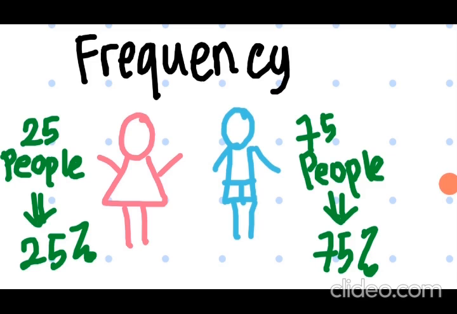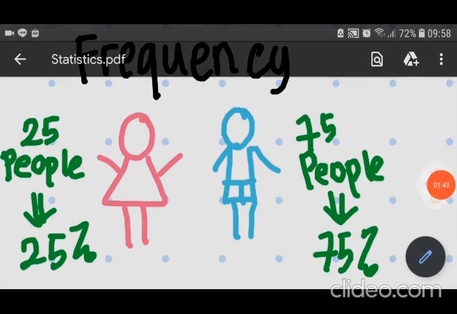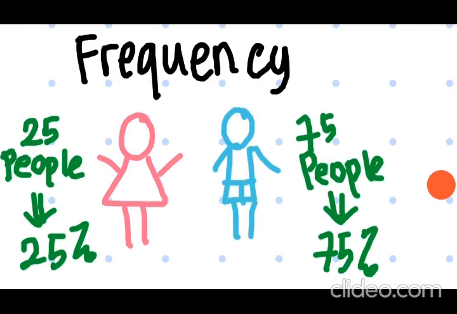For example, we do a task, and there are 25 women involved in our task, and 75 men, so the total will be 100 people.